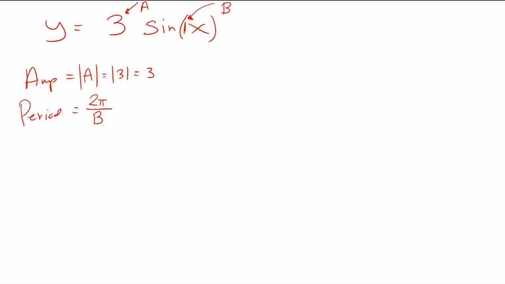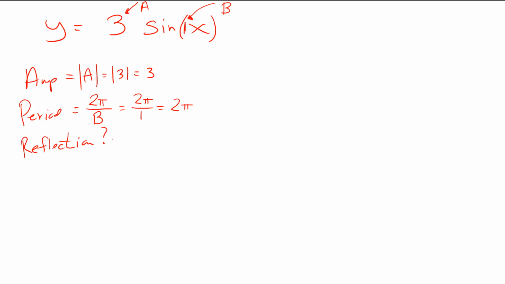Since b is the one that multiplies the x, the bigger the number, it actually shortens the period. So in this case, it's 2 pi divided by 1, or just 2 pi still. And then the only other thing that we do before we do the tougher stuff here is talk about whether there's a reflection.